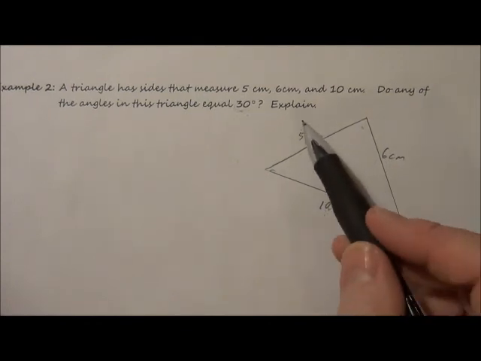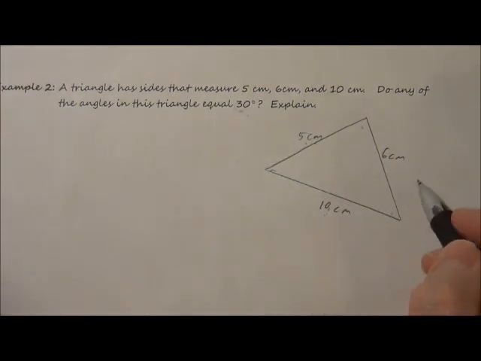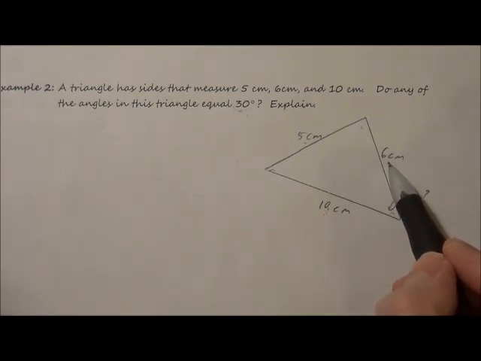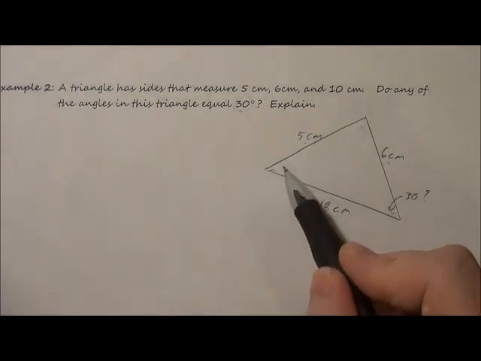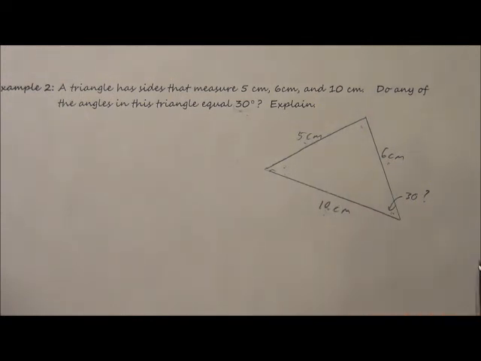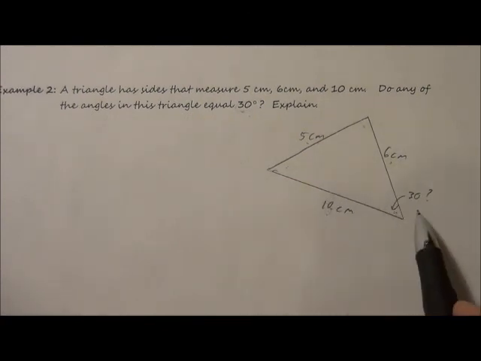So I'm going to guess that if there is a 30, it'll be at this vertex right here. Just an educated guess. It could be in this vertex, I'm not really sure, but I'm going to take a hazard that it's going to be across from the 5 centimeter length. So I need to find this.